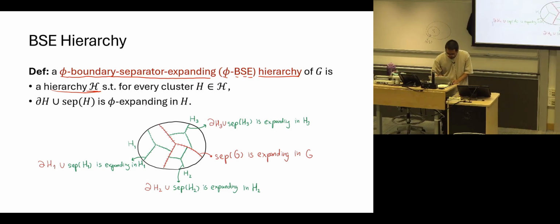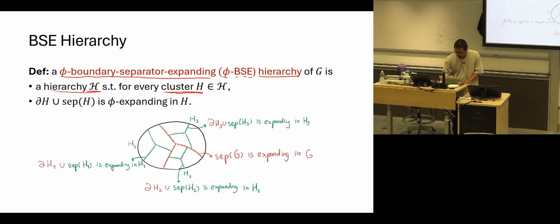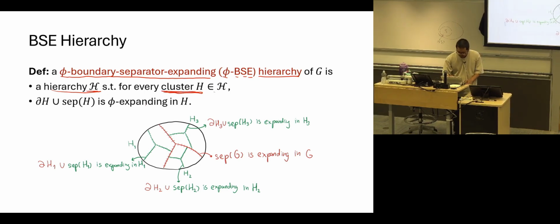And what we have is that for every cluster, every induced subgraph in the hierarchy, its boundary and its separator is expanding inside the cluster H.